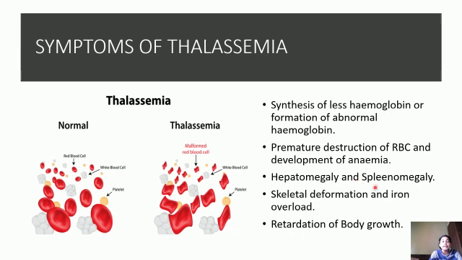Hepatomegaly and splenomegaly, that means enlargement of the liver and spleen. There is skeletal deformation and iron overload in the body, because hemoglobin carries an iron part, the metal. And then there is retardation of body growth. Clear?